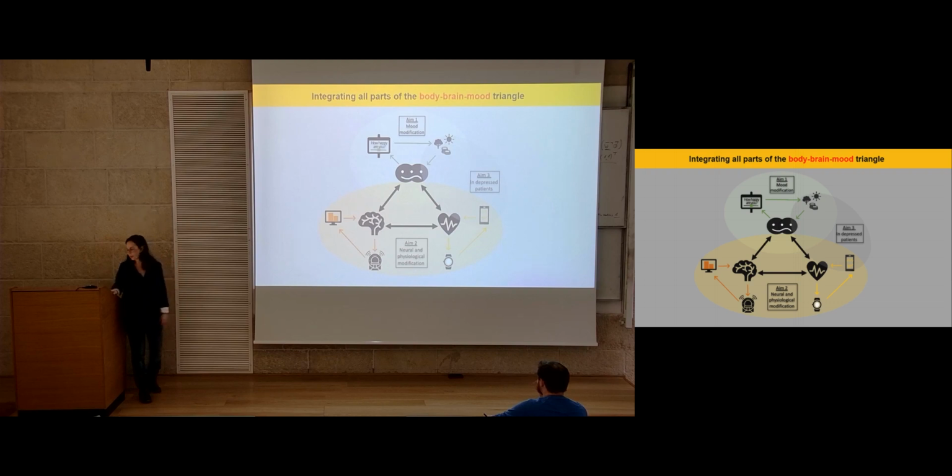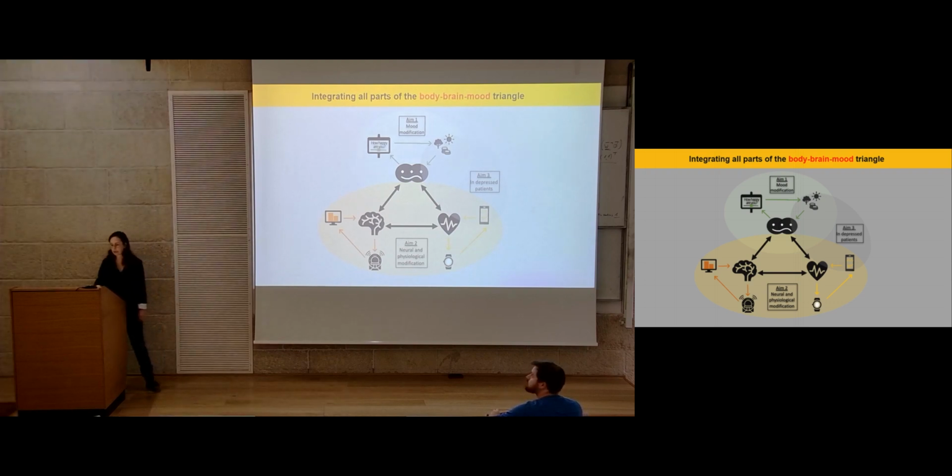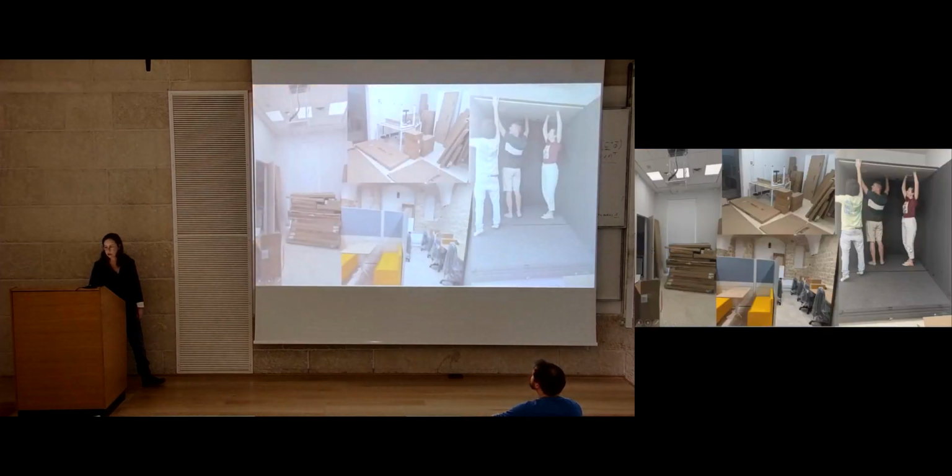I go back to our overall question, of how we can integrate these different parts and our aims in the lab, starting from the mood modification, the neural physiological modification, while measuring the other parts, and we do that also in psychiatric patients. So just a few pictures of the lab.